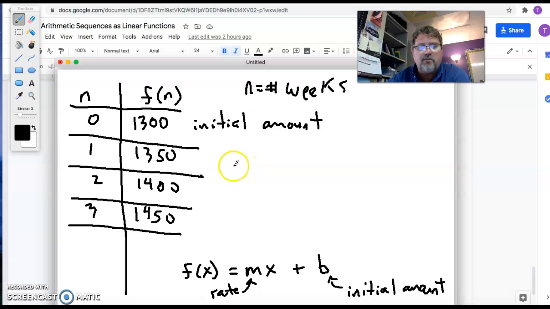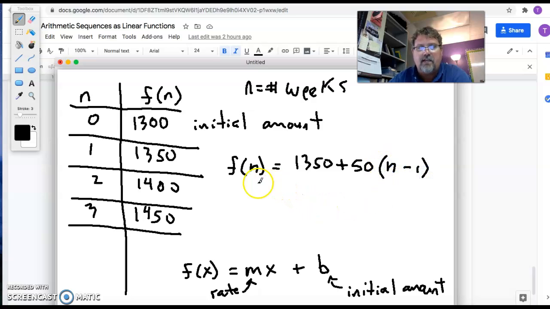But watch this. If we use our formula, our f of n notation, this is a sequence. We say f of n equals the first term plus, what is d? 50, right? We know that it's changing by 50. We could calculate that really easy, but we can tell that it's 50. And it's going up, so I have a positive 50 here. I'm going to use n minus 1 here. I want to show you what's going to happen. When we clean this up, and we should clean it up, 1350 plus 50n minus 50, watch what happens.